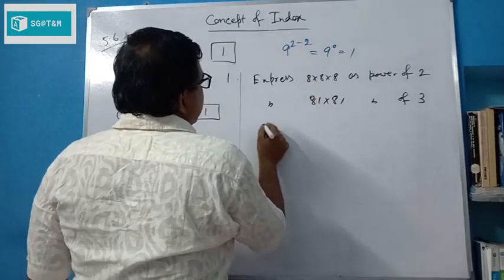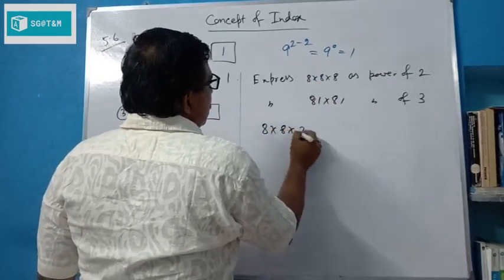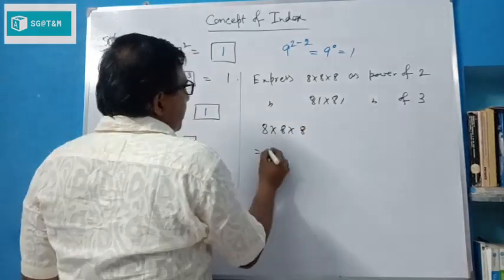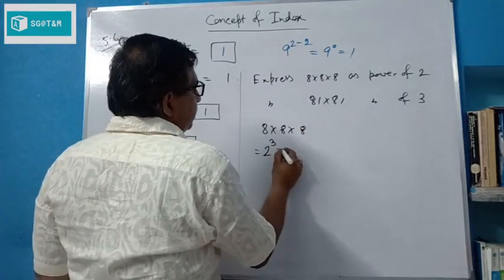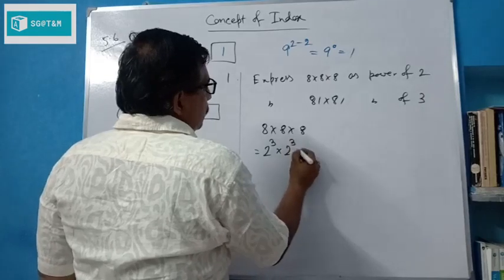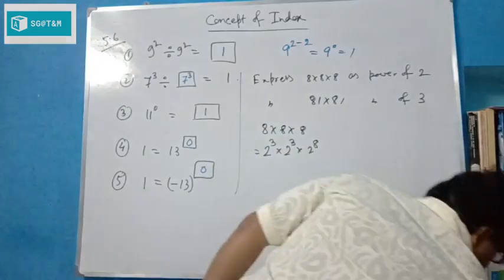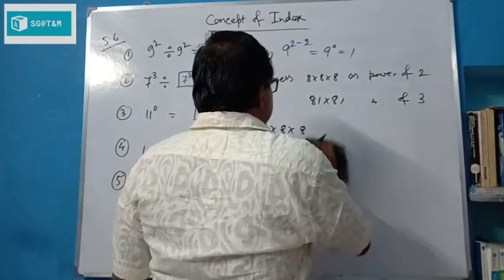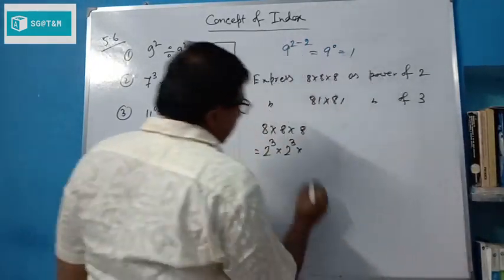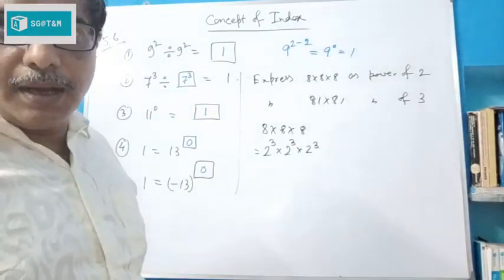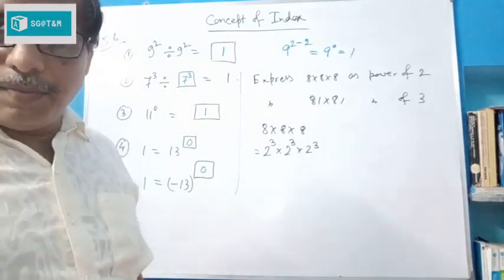This is 8 into 8 into 8. So 8 means 2 cube, again 8 means 2 cube. Now we know the formula a to the power m into a to the power n is equal to a to the power m plus n.